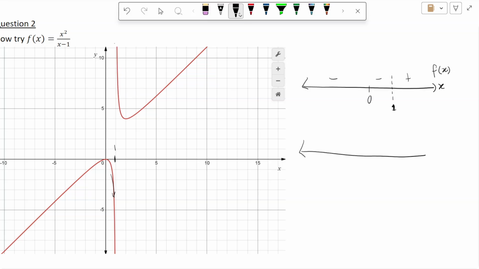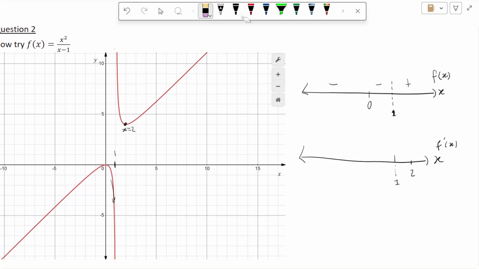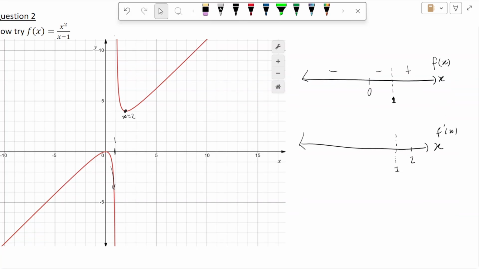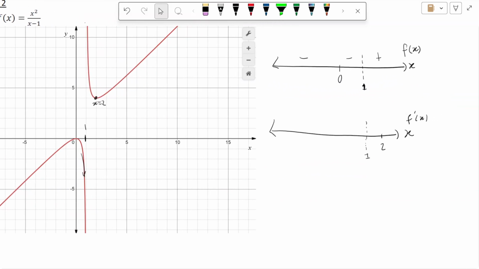We can do a sign diagram of f dash of x. So we've got to talk about the slopes here. So this point here happens at x is 2. So basically, after 1, I'm going to have 2 here. We still need to put that 1 there, because whenever you find these critical points, it's really important that you also put anywhere where the graph doesn't exist, for example here, or any points where the derivative doesn't exist.